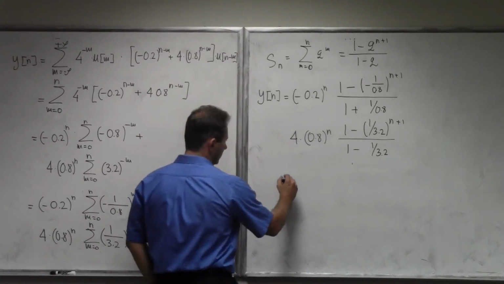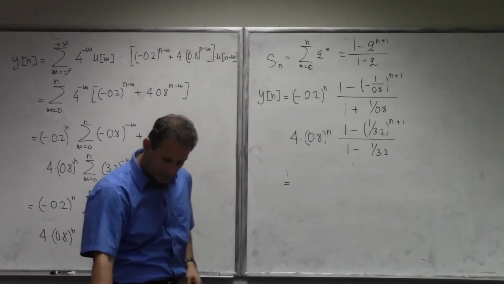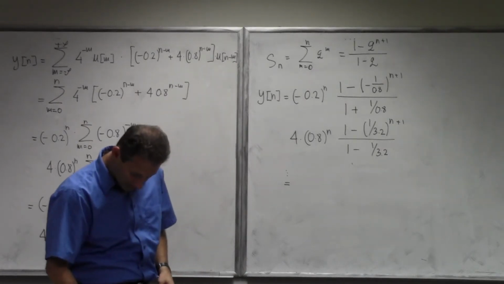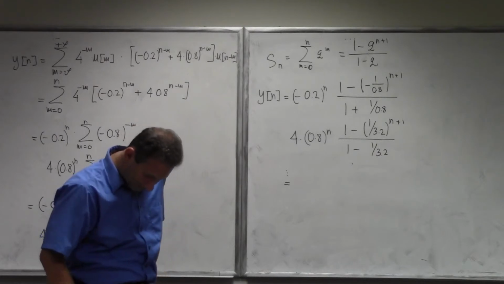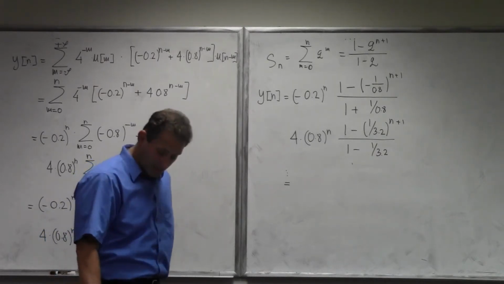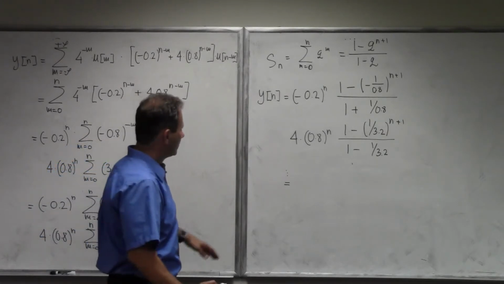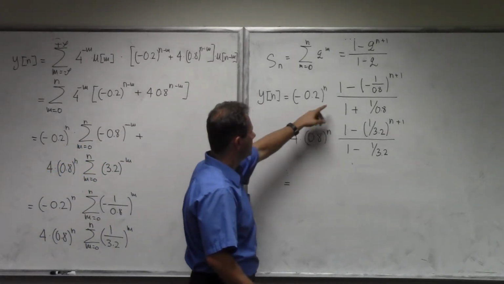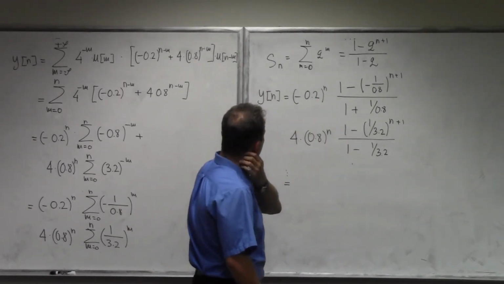So after some algebra, I have the following result. I think what I did is I copied this from the book, so it's probably correct. But we have time, so let me go through these calculations.